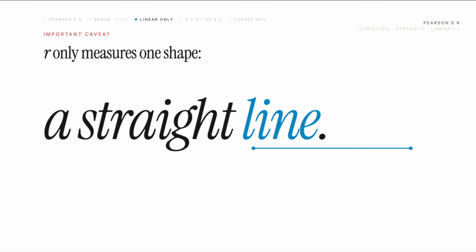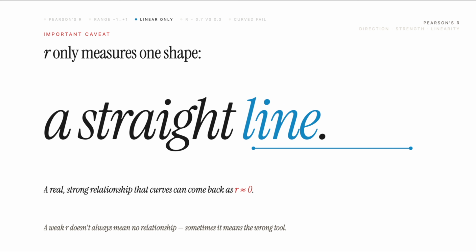And a value of 0 means no linear relationship at all. Now I want to emphasize that word, linear. Pearson's R measures whether the relationship follows a straight line. This is important, and I'll come back to it, because you can have a very strong relationship between two variables that doesn't look linear at all, and Pearson's R will make it look weak or even 0.